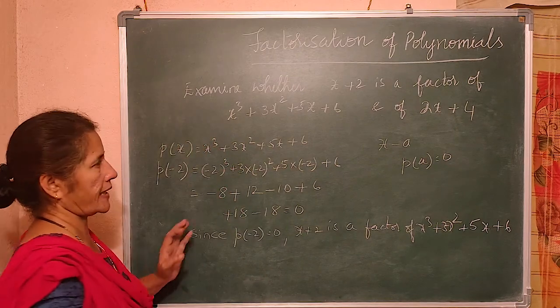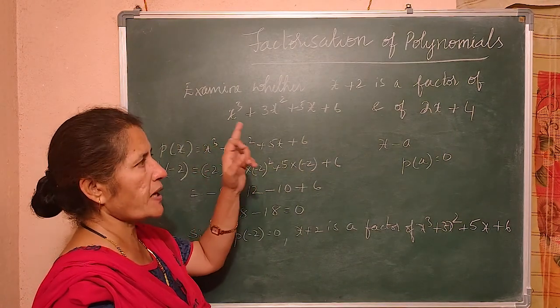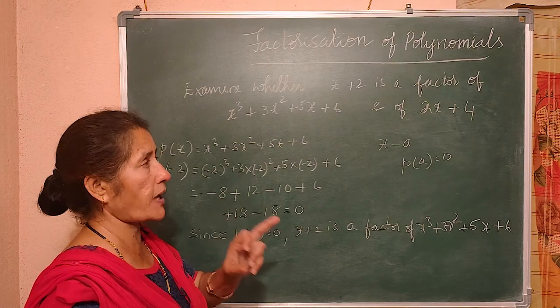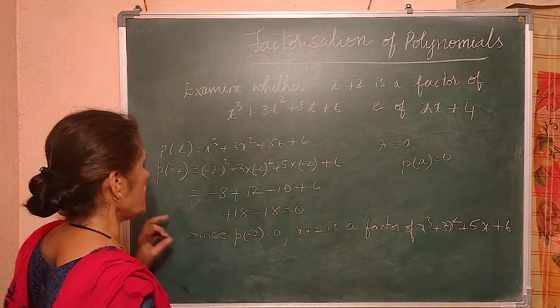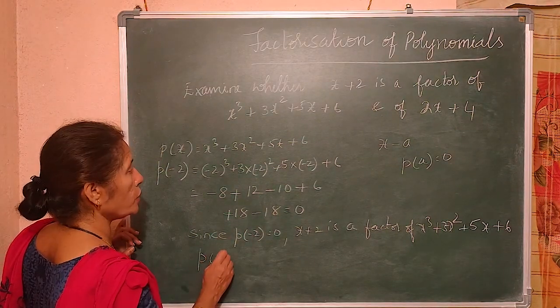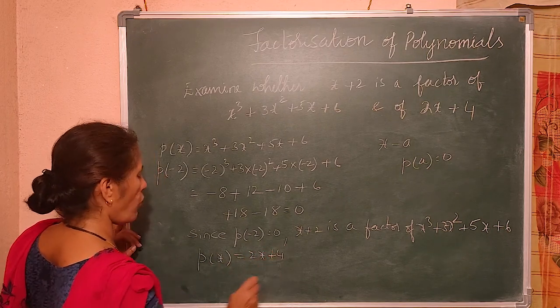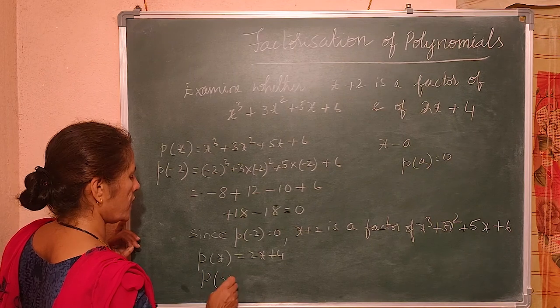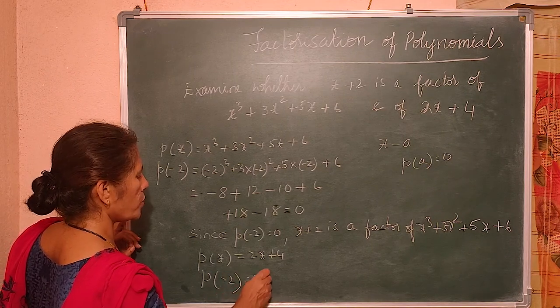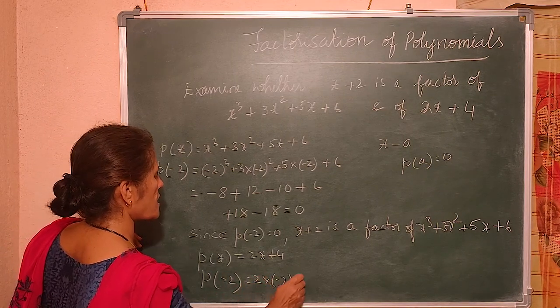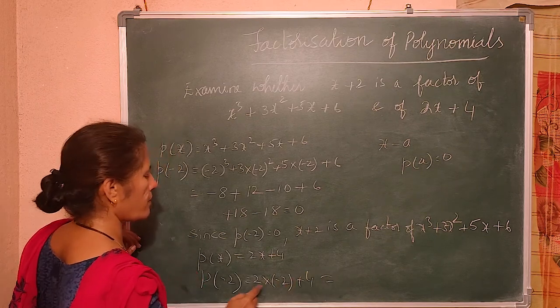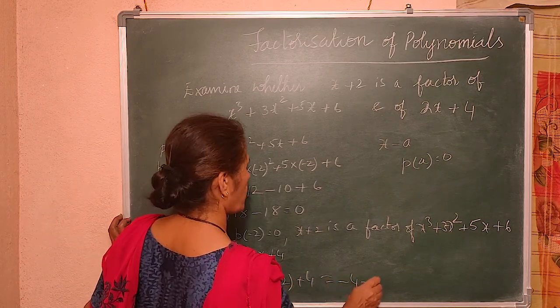Now let us go to the second one. Is x plus 2 a factor of 2x plus 4? So, p of x is equal to 2x plus 4. So, p of minus 2 is equal to 2 into minus 2 plus 4. So, what do you get? Minus 4 plus 4.